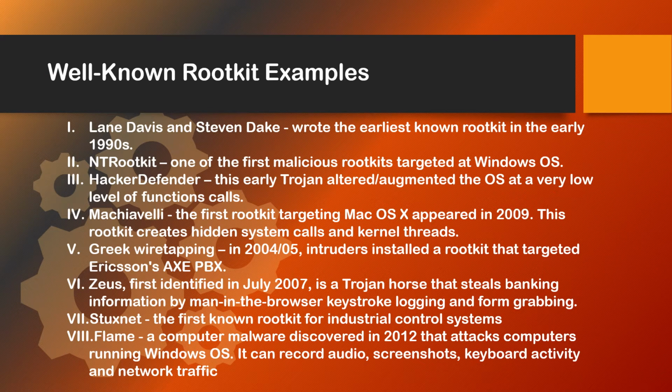Well-known rootkit examples: Len Davis and Steve Dodd wrote the earliest known rootkit in the early 90s. The NT rootkit, one of the first malicious rootkits targeted at the Windows operating system.